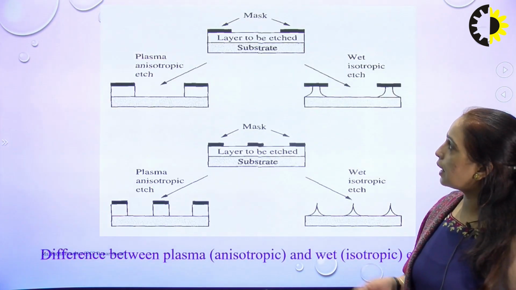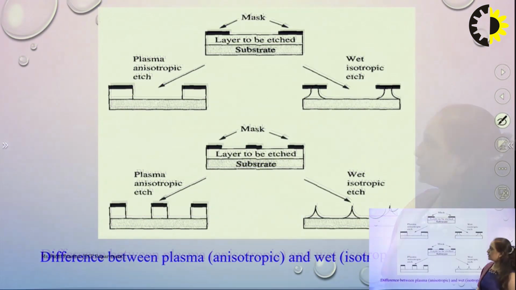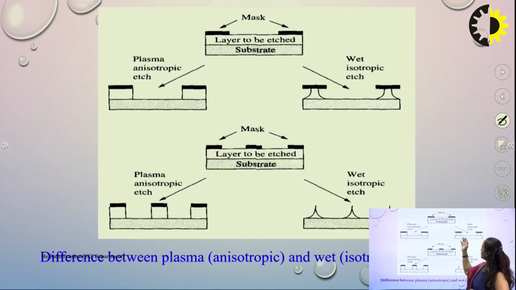So this is the example where we can see the anisotropic etching and isotropic etching. See, we have this layer which is to be etched, that is generally the SiO2 layer. Okay, so we have this layer which is to be etched from this side to this side. From here to here we have to remove this.